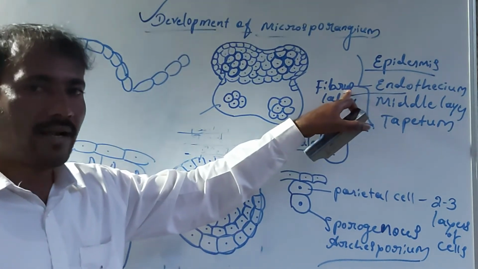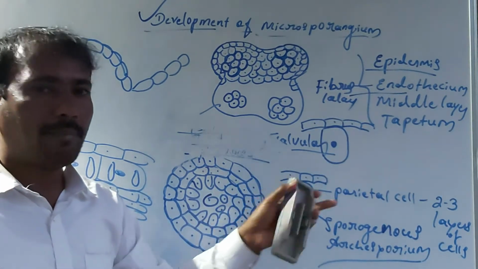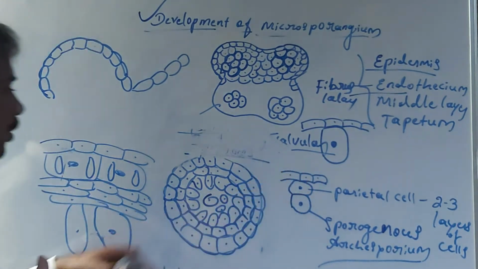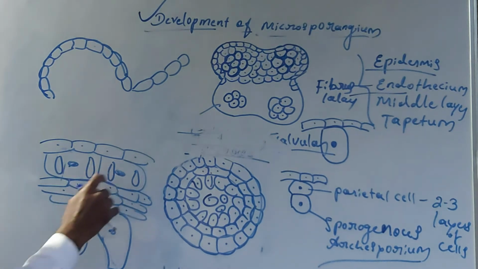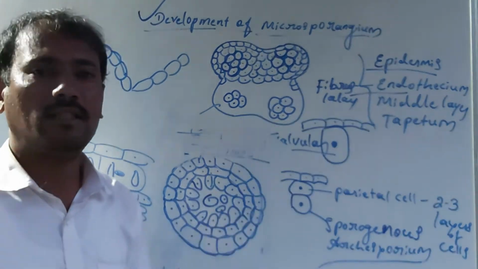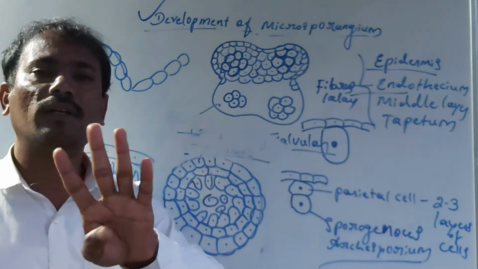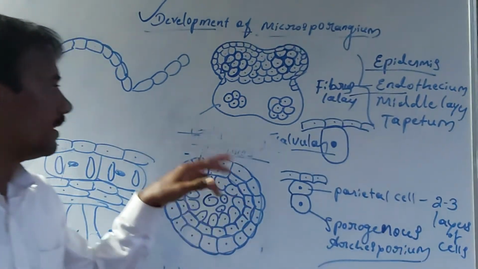The hygroscopic nature of the endothecium layer is very important, as it helps the dehiscence of the anther. So the dehiscence of the anther takes place in 4 different ways, as I already mentioned.